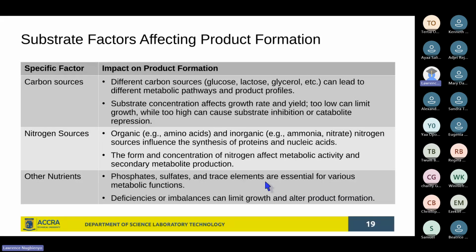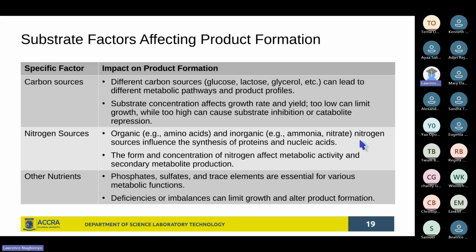So, for instance, if there is a need to produce substances, let's say some enzymes which are proteins, then of course you will need a lot of amino acids. You need a lot of nitrogen in there.